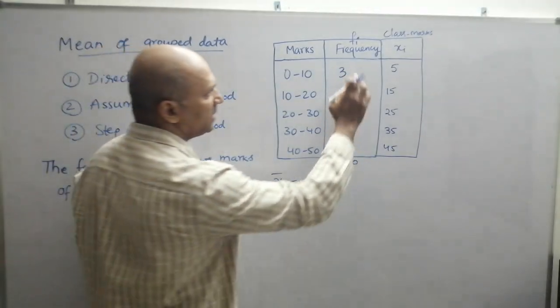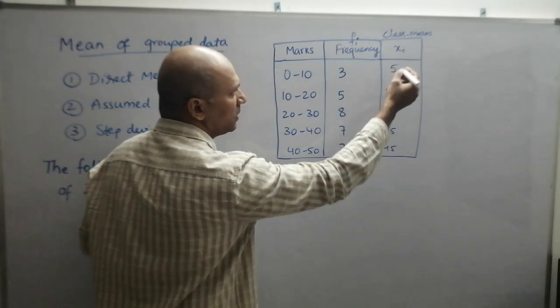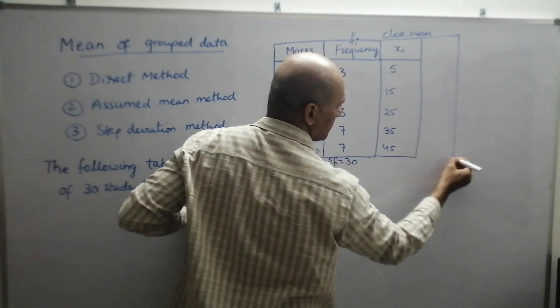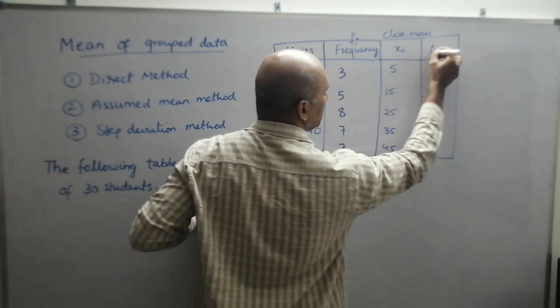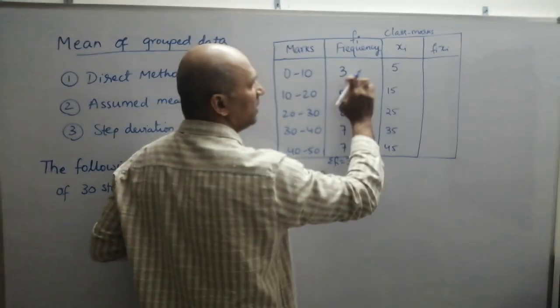Now what is fi xi? Fi xi is multiplication of this. So let us draw the fourth column fi xi. Fi multiplied by xi.